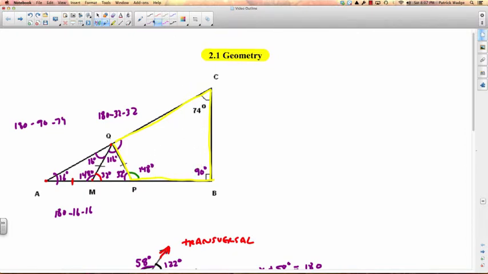Or the other way you could do it is you could look at this 16 degrees, plus the 116 degrees, plus this angle here. And do you see that makes a half circle? In other words, 180, take away the 16, take away the 116. If you were to do that, you'd also be left with what this angle must be equal to. And if you do that, you should get 48 degrees. So this right here is 48 degrees.